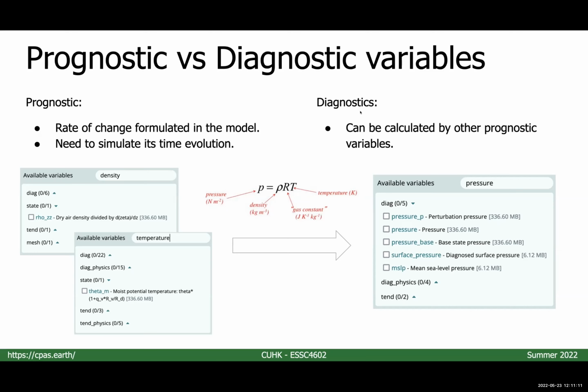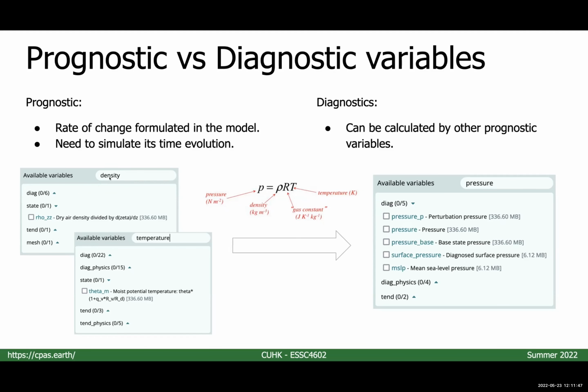And some physics parameterization scheme will introduce more variables as prognostic variables. And then the time evolution of this variable is to be calculated. So take the example that I told in lecture 1. Density is one example of prognostic variable, and temperature in the form of moist potential temperature is another prognostic variable.